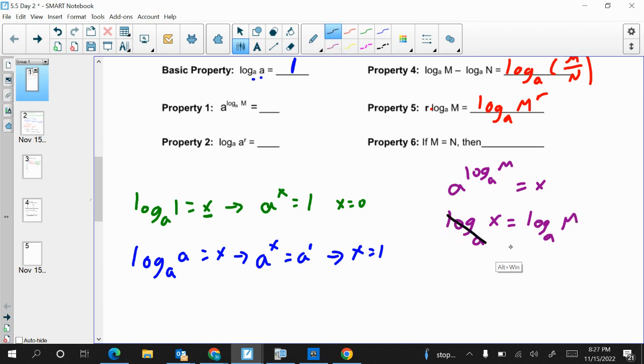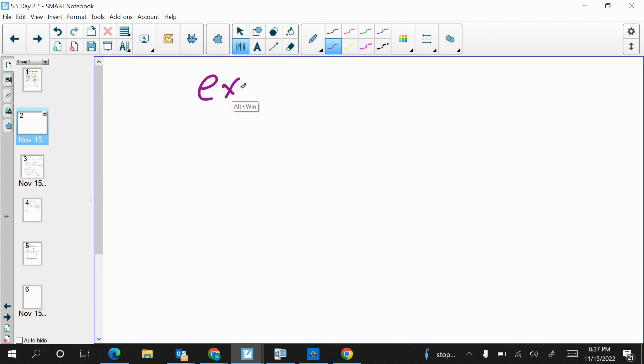Since these bases are the same, they basically cancel out, and x would equal m. So the answer here would be m. And so what's really happening here is if it's the same base, they cancel each other out, and you just have the m. All right, this is because exponentials and logs are inverses.